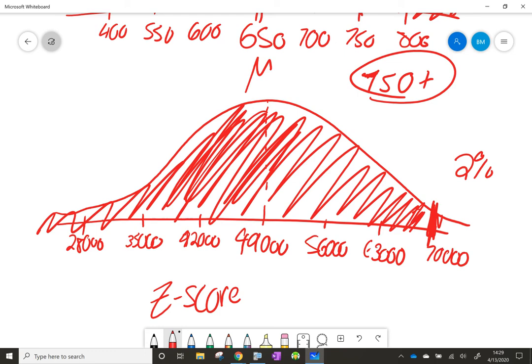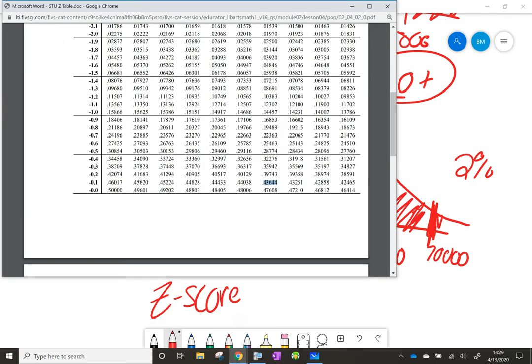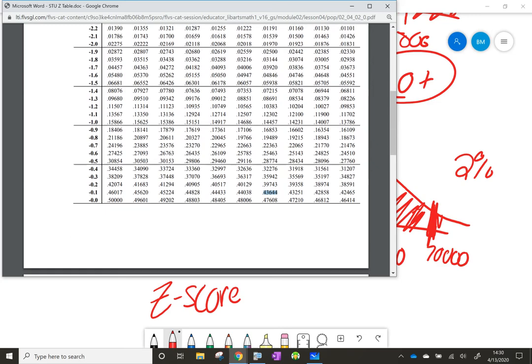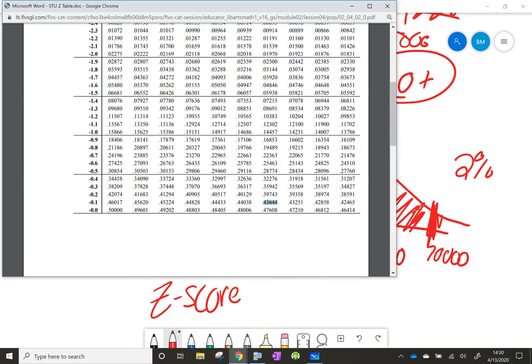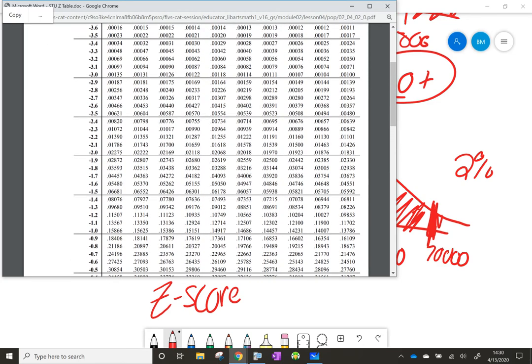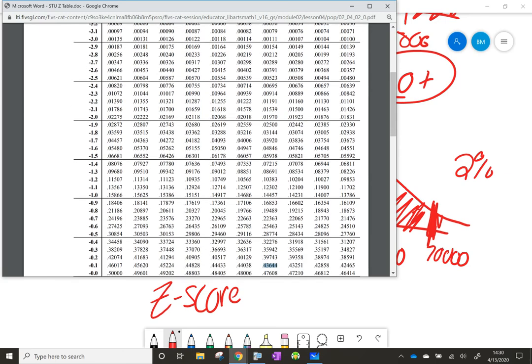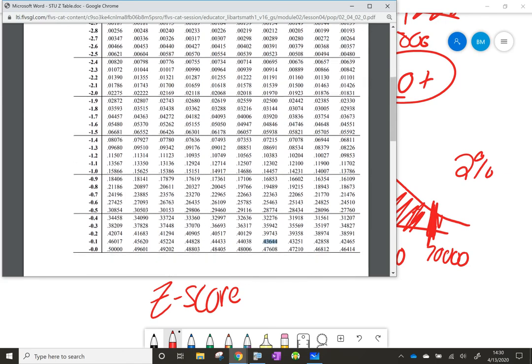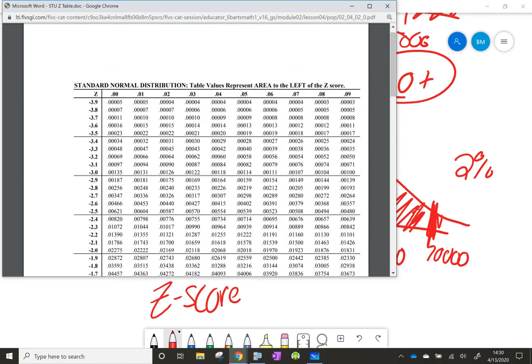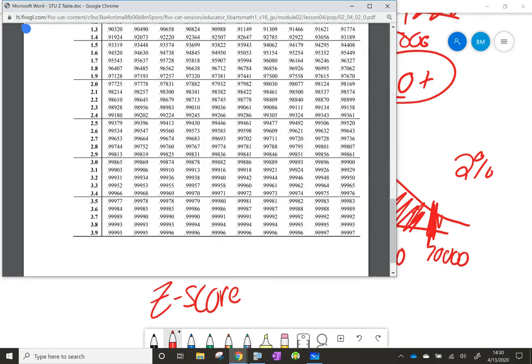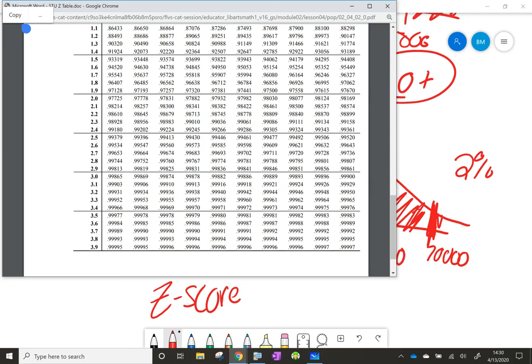So when we look at our table here, we're going to look for something of 98%. Oh, wait, is it even on this table? Oh, it's on the next one. There we go. Okay, 98%.